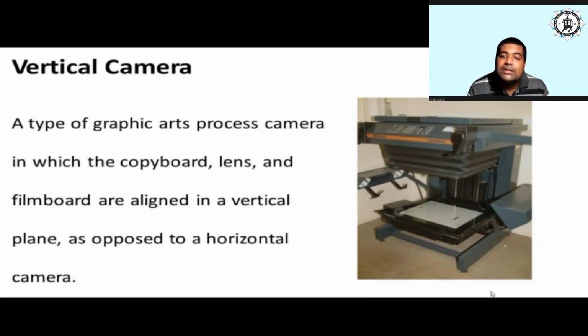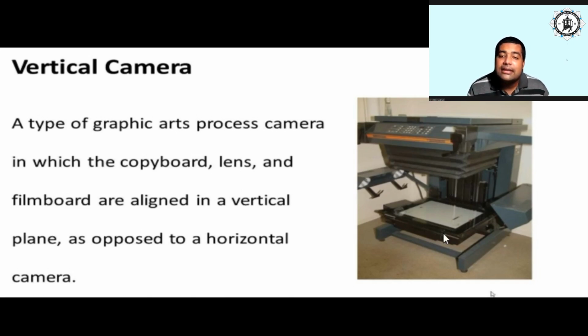Now why is it known as the vertical process camera? As you can see in front of you, this is the copy board, this is the bellow system. In the middle there is the lens aperture, and behind this you place the transparency which is to be imaged. Now you see how they are arranged with respect to each other?